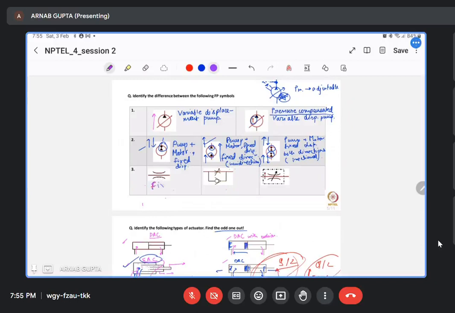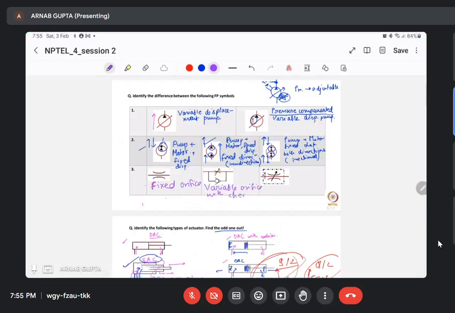Second one is a unidirectional adjustable check valve. Adjustable means generally we write variable. Variable orifice with uniflow, a particular direction, with the check valve, sir.